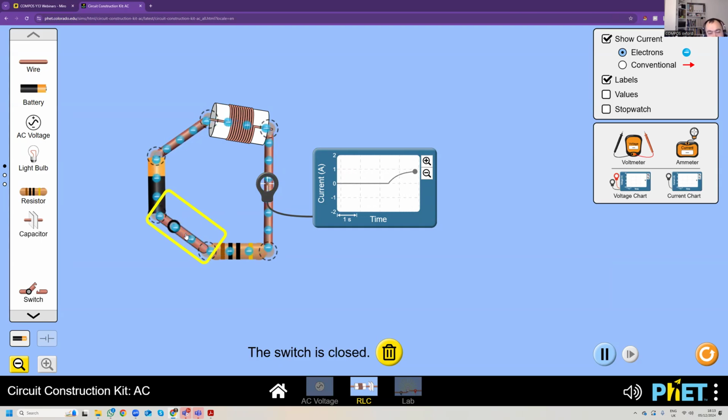It actually doesn't change abruptly. It actually does something else, which is a bit hard to demonstrate at the moment. I think I can demonstrate it.